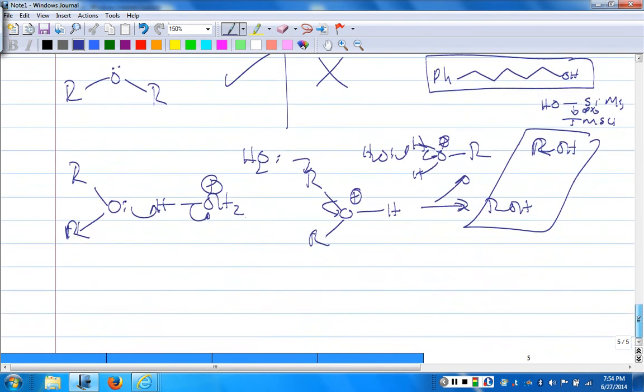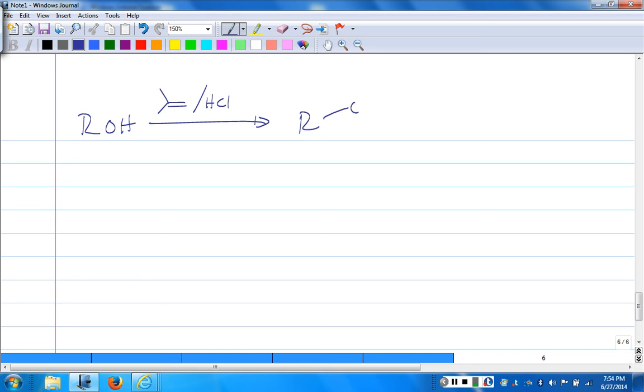There is another way in which we can mask the alcohol. So instead of using TMSCl, what is often done as well is I can use isobutylene and HCl. And what happens is the isobutylene is attacked by HCl and makes the carbocation. The alcohol attacks the carbocation, and you end up making this compound.